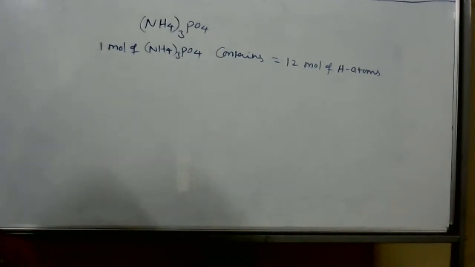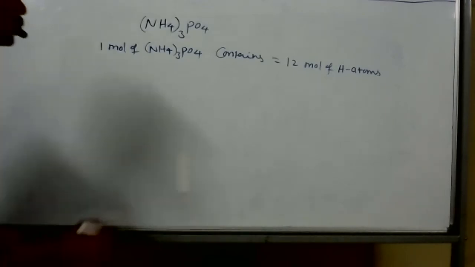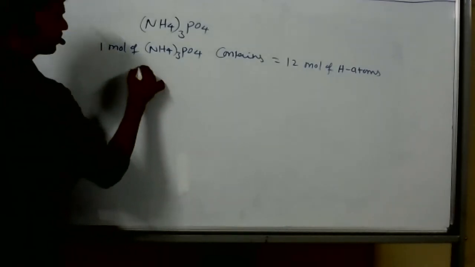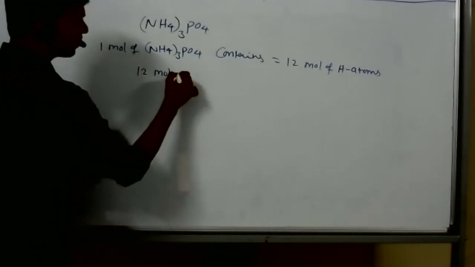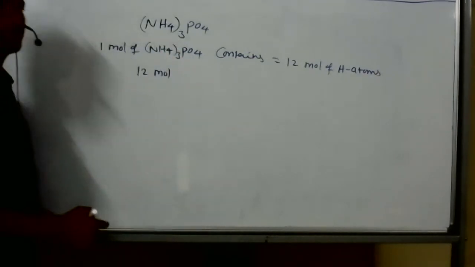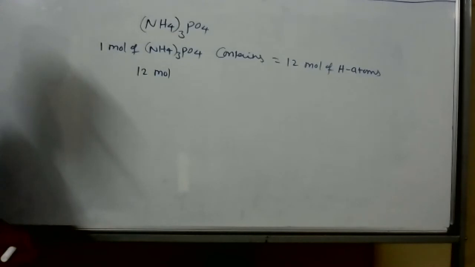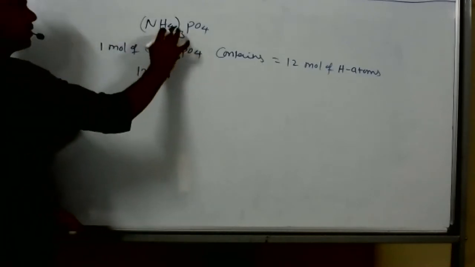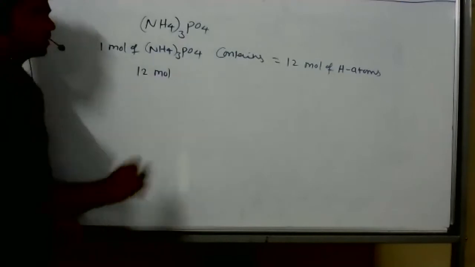In the given question, 6.36 moles of hydrogen atoms. Sir, how 12 moles? Yeah, 4 into 3. Yes, 12 hydrogens, right? So one molecule has 12 hydrogens, 1 mole has 12 moles of hydrogen atoms.